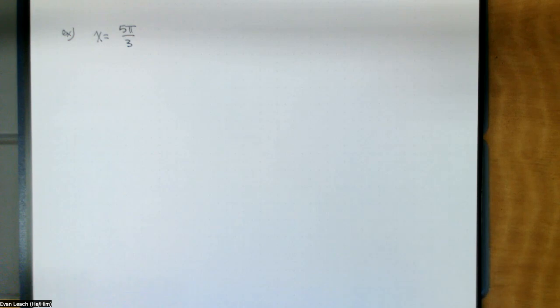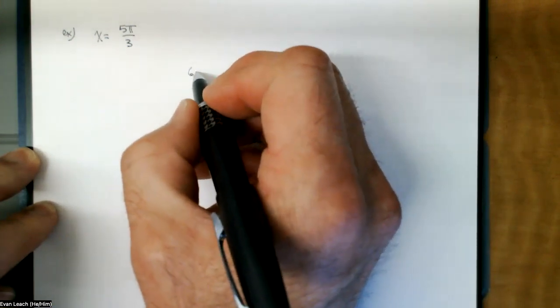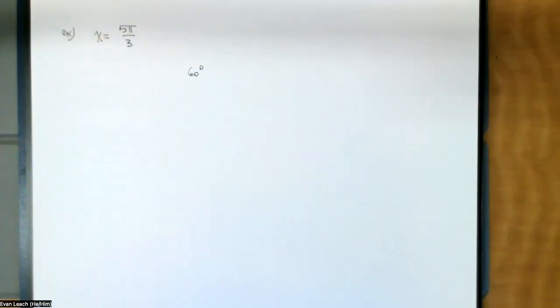So we might be thinking in our minds, this is a 60-degree reference angle. That tells us that it's a pi over 3 reference angle. So if I write x sub r, pi over 3, that's our reference angle.